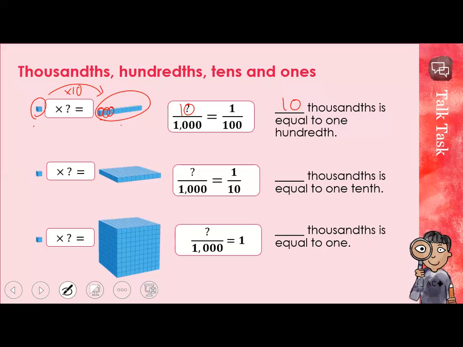I would like you to pause the video and do this talk task either on your own or with the person that you're working with to try and do exactly the same. How many times bigger is this than that? Therefore, how many thousandths is equal to a tenth? And how many thousandths is equal to a whole for the bottom one?